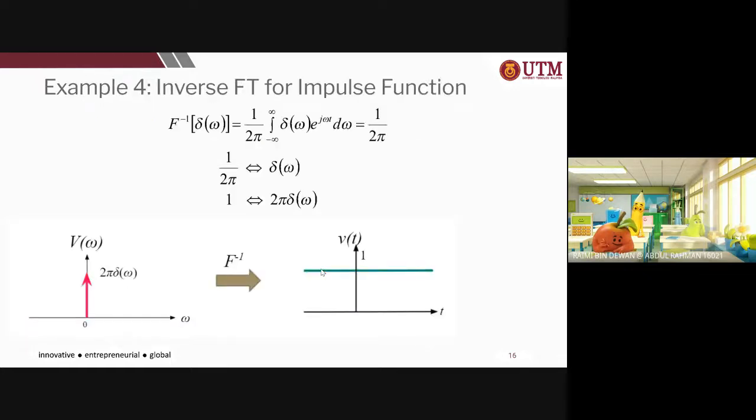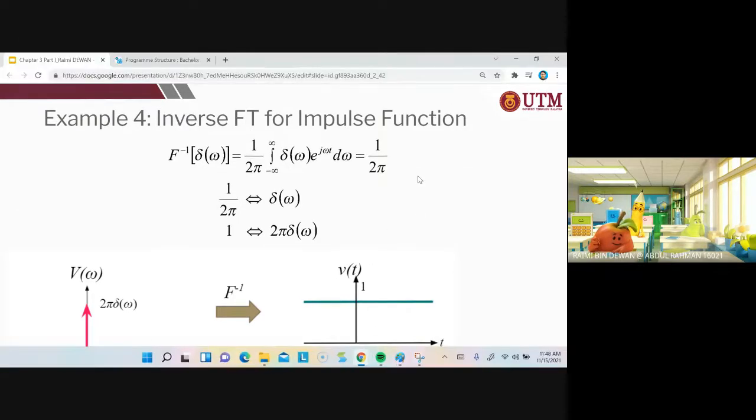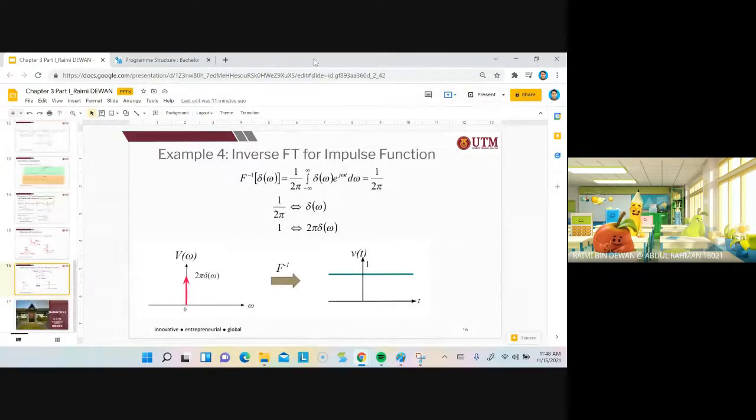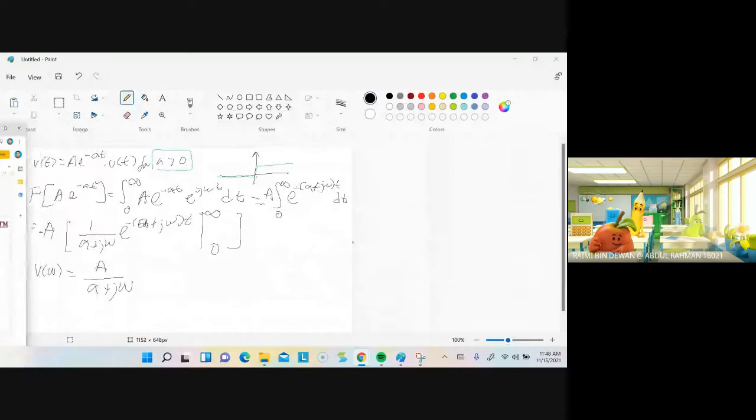Okay. The next part is the inverse Fourier transform for impulse function. Okay. So please refer to your slide because I'm going to do the same thing. Okay. I'm going to demonstrate in the slide.